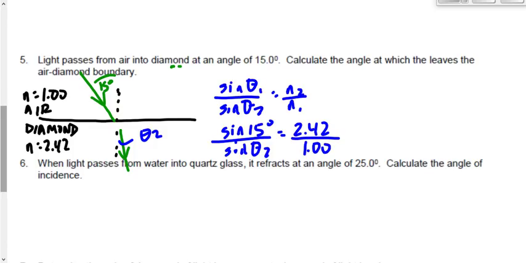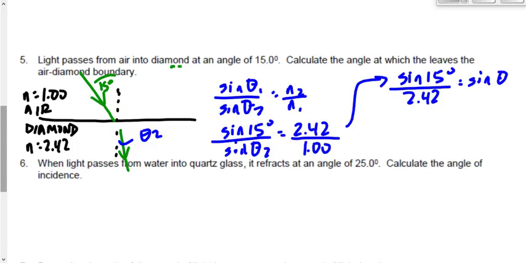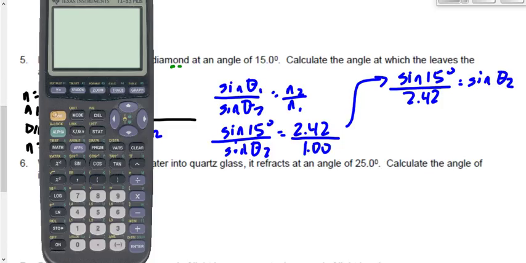So a little bit of algebra here. The 1 goes up, the 2.42 goes down, the sine theta 2 goes up, and it ends up looking like this: sine 15 degrees over 2.42 equals sine theta 2. And now what we're going to do is simply take the inverse sine of that. I say simply. It's not quite that simple when we've got a trigonometric expression inside another trigonometric expression, but it'll work.